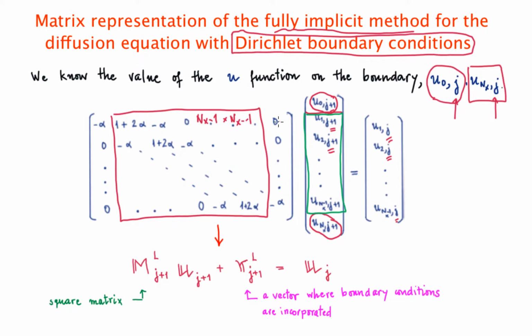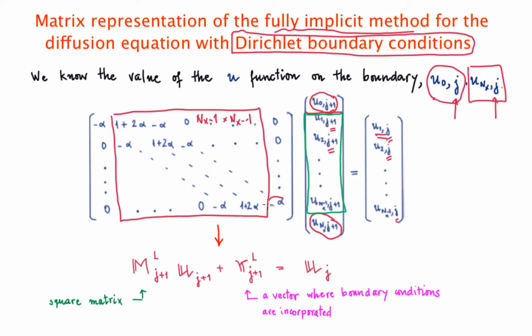So this square matrix is going to multiply this vector, but besides that, we also have to include the effect of minus alpha, which is multiplying this component and will add some value to the value of u evaluated at the point 1.